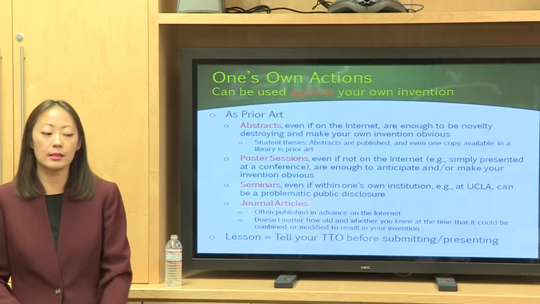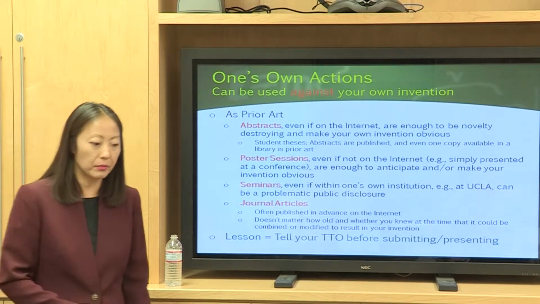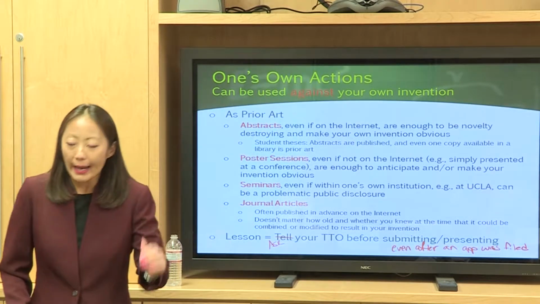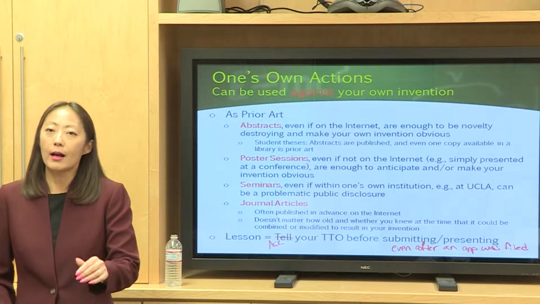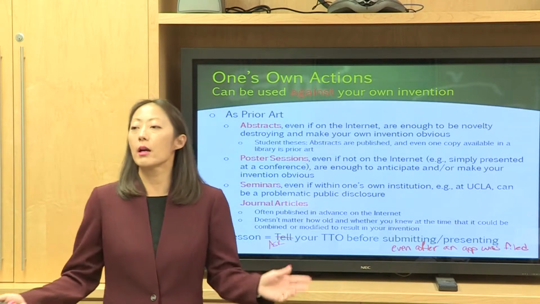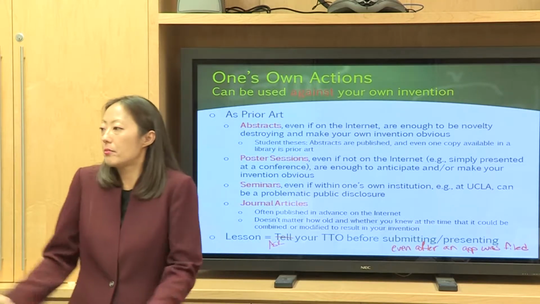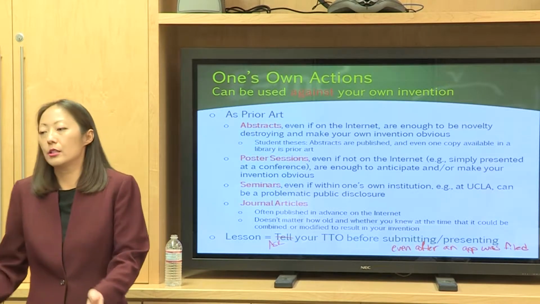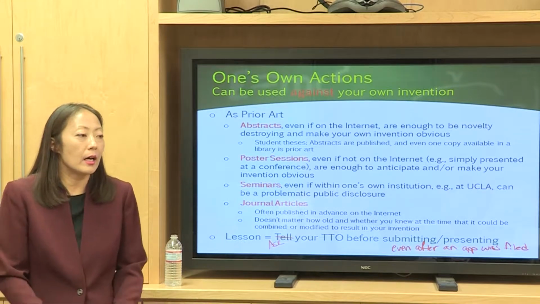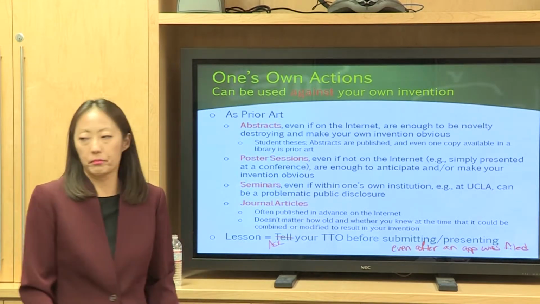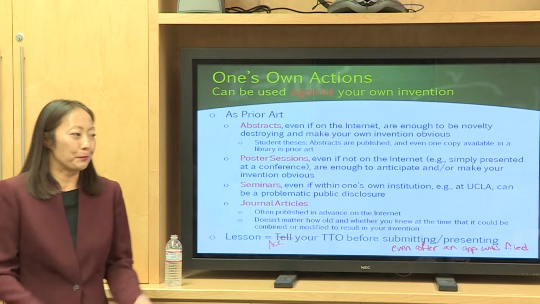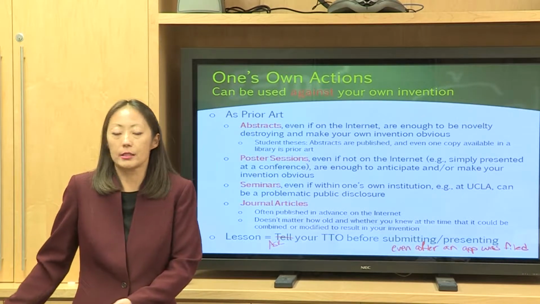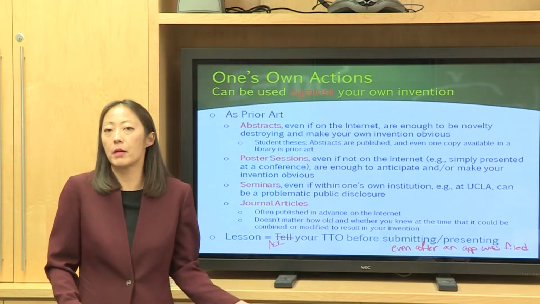And tell your TTO before submitting and presenting. Actually, ask your TTO even after an application was filed. A lot of inventors think, okay, we already filed a patent application on my research, on my invention, and they have additional data and information that they want to provide at a poster session, and they think it's okay because a patent application was filed maybe 6 months ago.